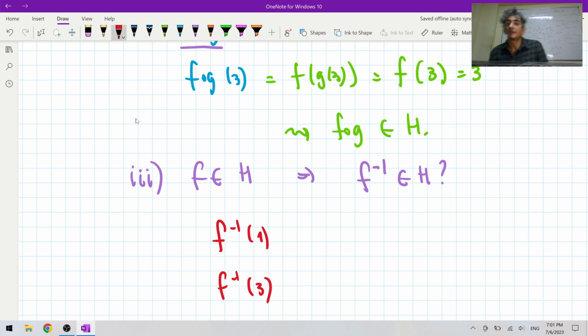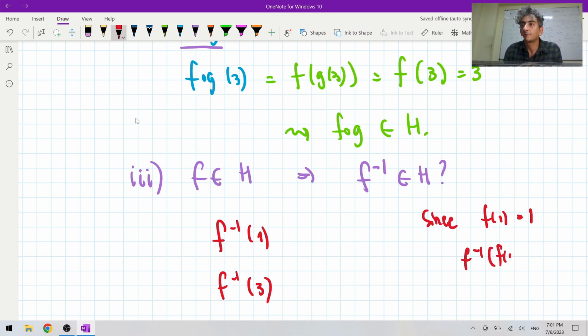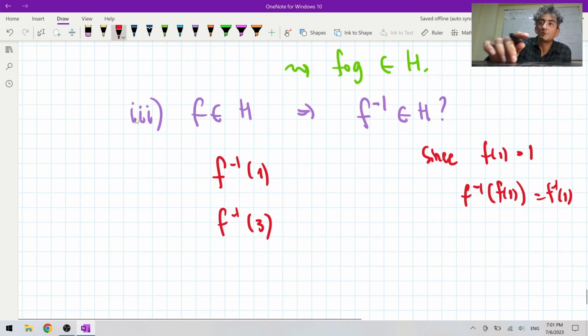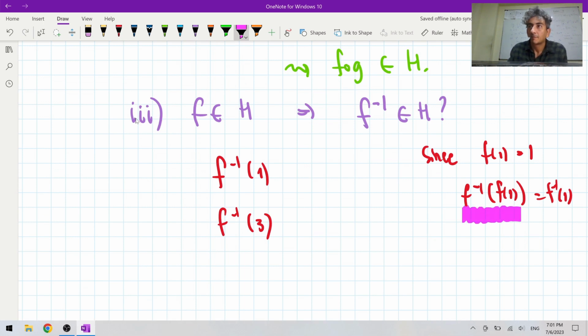But that's easy. Since f of 1 is 1, applying the inverse to both sides, and now using the definition of the inverse, this is simply f inverse composed with f at 1.